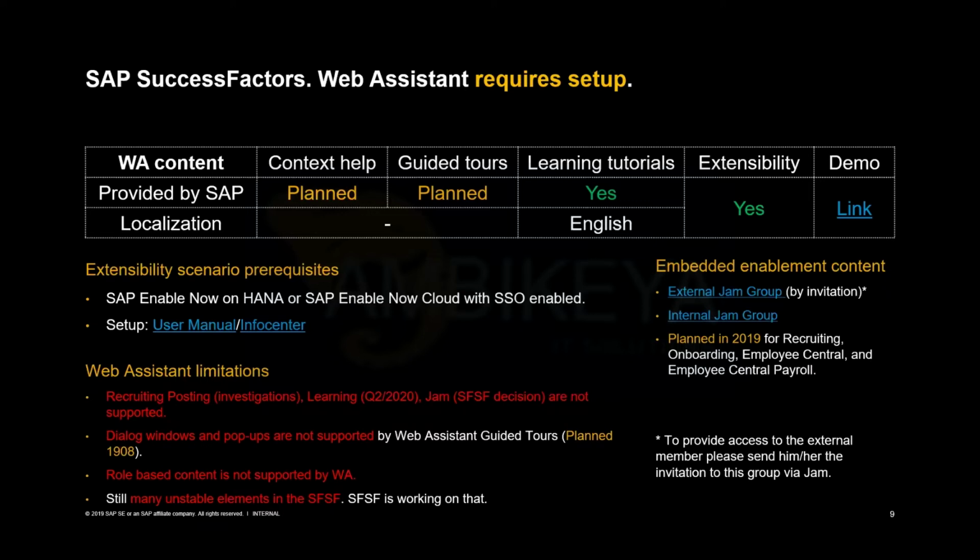So customers have the ability to leverage the standard tutorials that have been created, but they do not yet have the ability to see guided tours and contextual help. They can build that on their own, but it's not built standard by SAP Education yet.